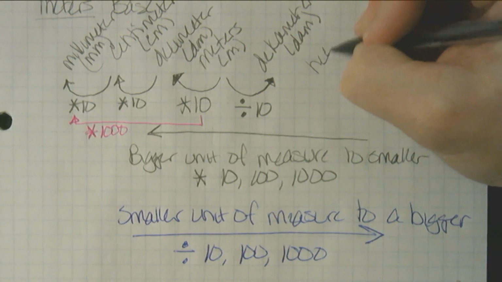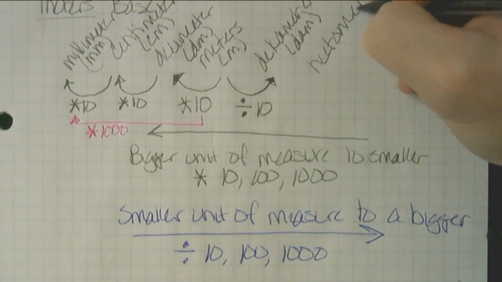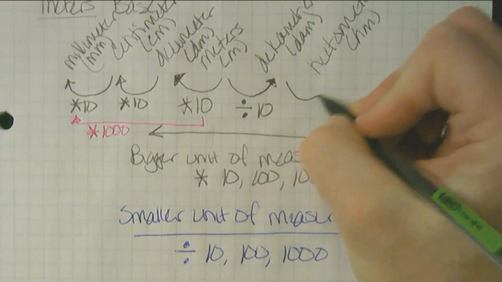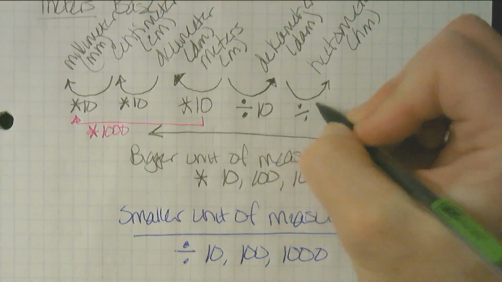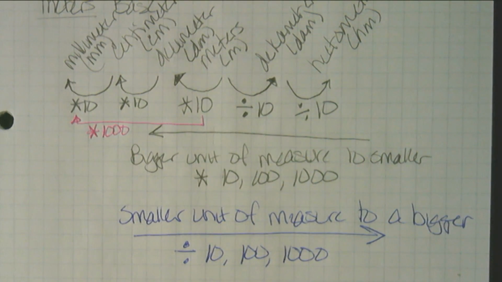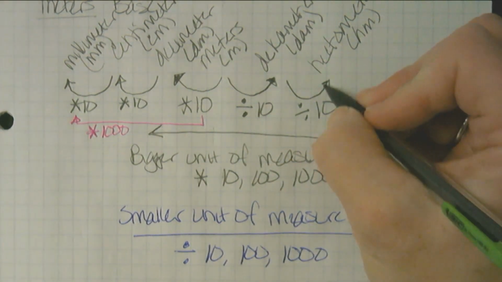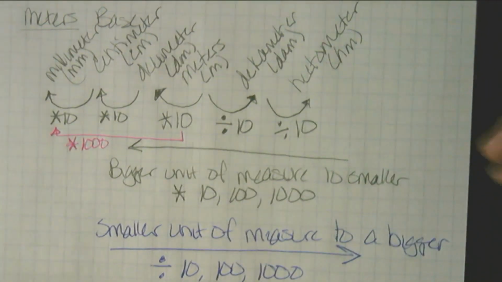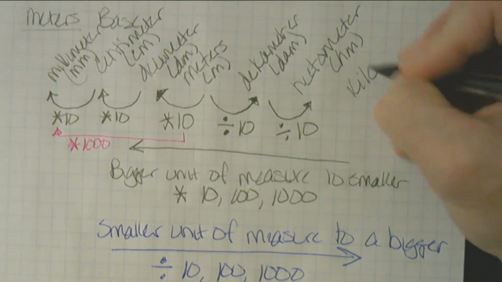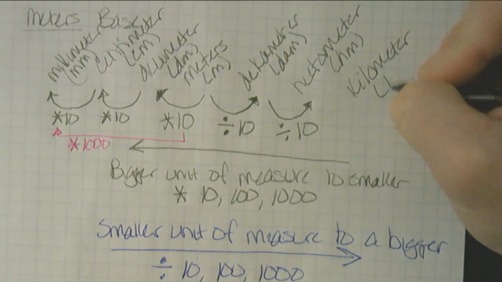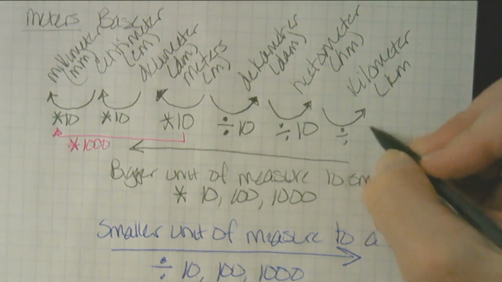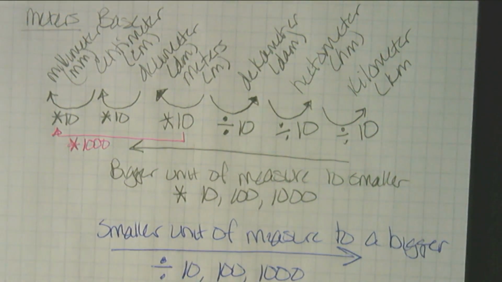That's a hectometer. And that's HM. Right? And we divide by 10. Don't forget the arrow to show what direction you're going, please. I divide by 10 to get from a deca to hecto. And the last is a kilometer. And that's km. And again, to go from a hecto to a kilo, we also divide by 10.